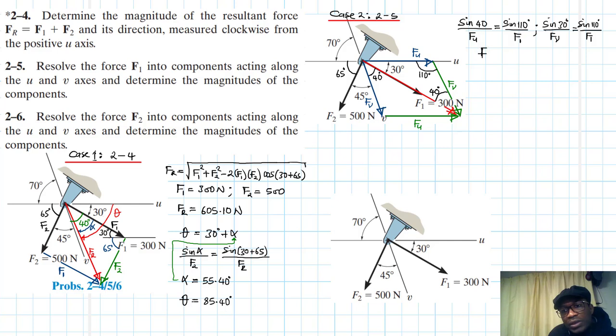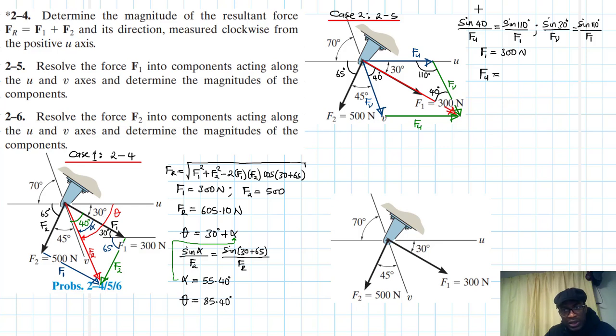We have F1. F1 is equal to 300, and F1 in this particular case is acting as some kind of a resultant. So now let's find what Fu is. Fu, therefore, from this equation, we just make it subject to the formula. Fu is just going to be equal to F1.